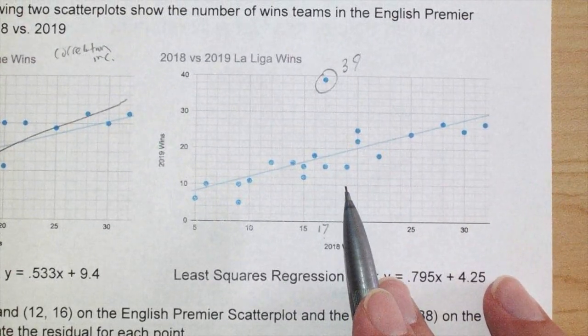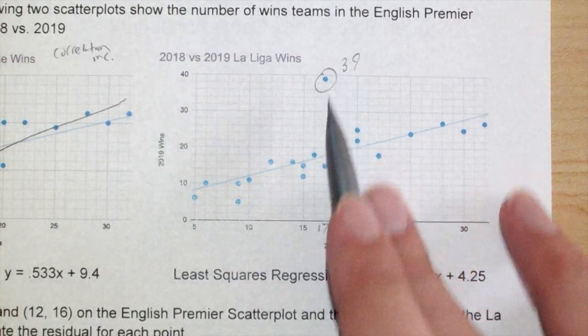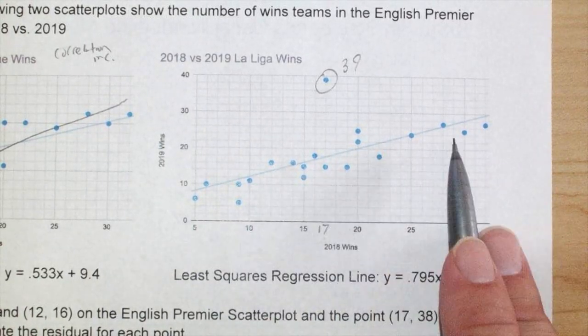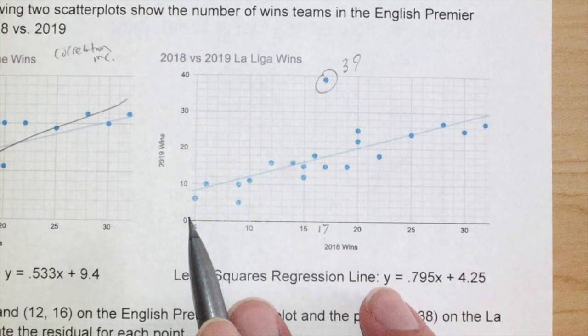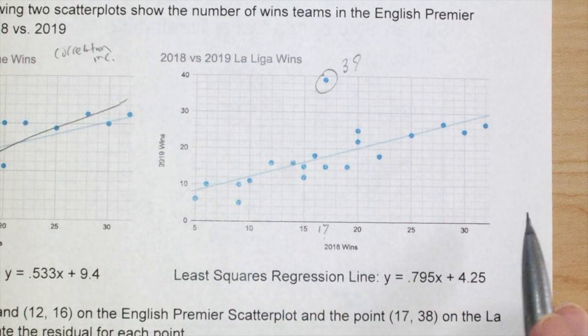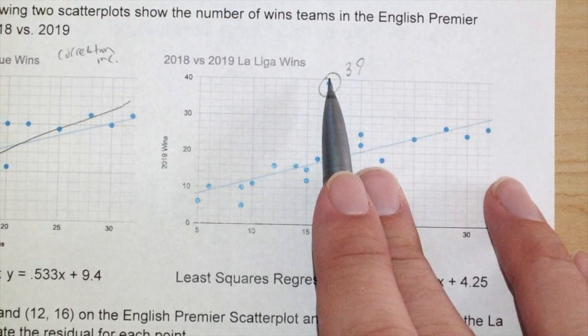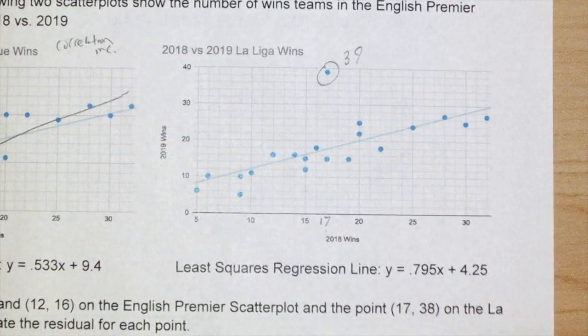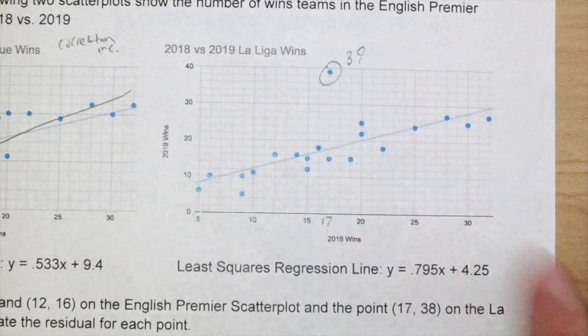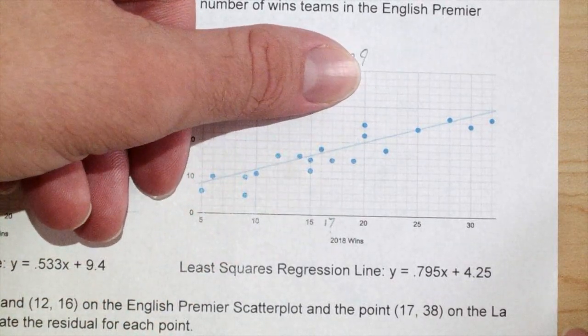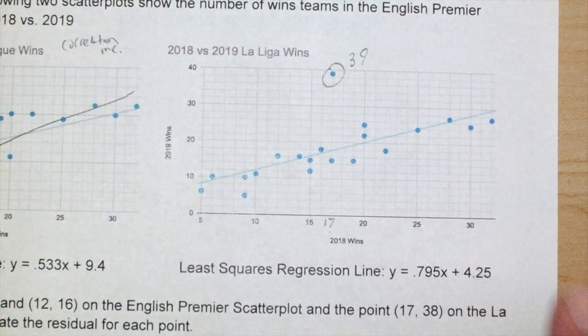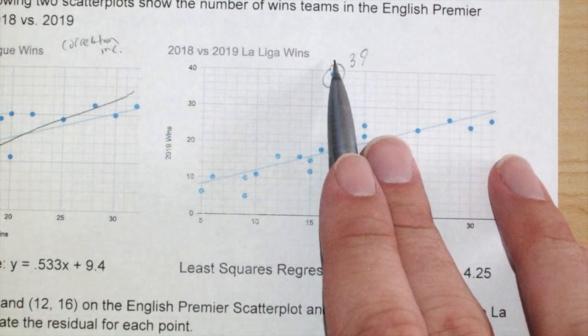This is an interesting outlier because it's in the middle of my graph, right? This team wasn't a big loser or a big winner in the first season. They were just an average team that really did better in the second season. And let's think what would happen if you remove that point. This point pushes my graph up, right?